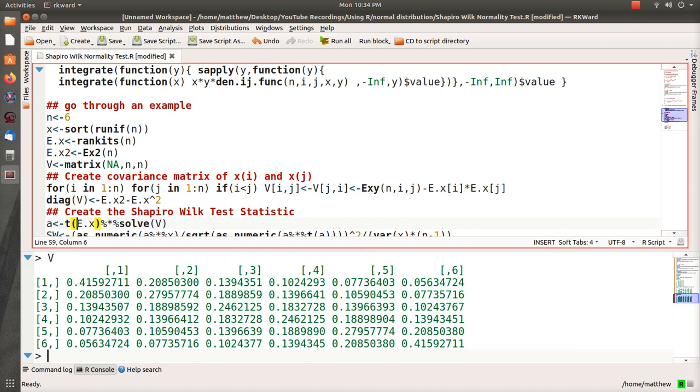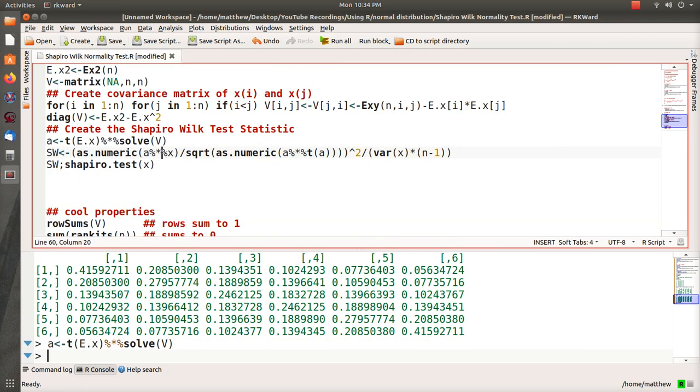Now to create the Shapiro-Wilk test, I take the rankit times V inverse, and I'm going to put that in A. Now I calculate the test statistic. I take A times X, or the data. The length of the vector is below here, which is a constant, so I don't carry it along in that calculation.